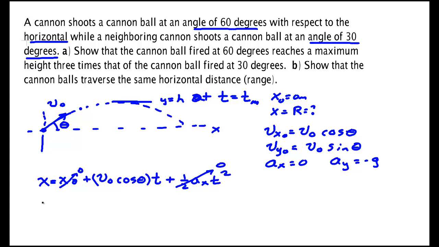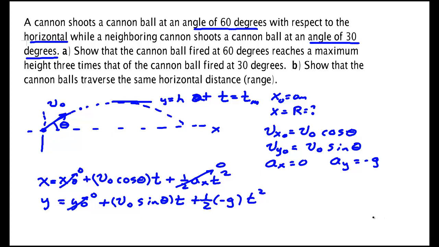I'm also going to note that I have a y equation here. Y is equal to y0, also set at 0, plus Vy0, V0 sine theta times time, plus, and I have this minus g, 1/2 minus g t squared.